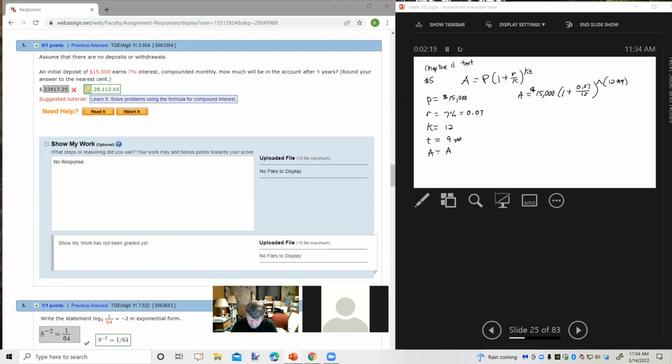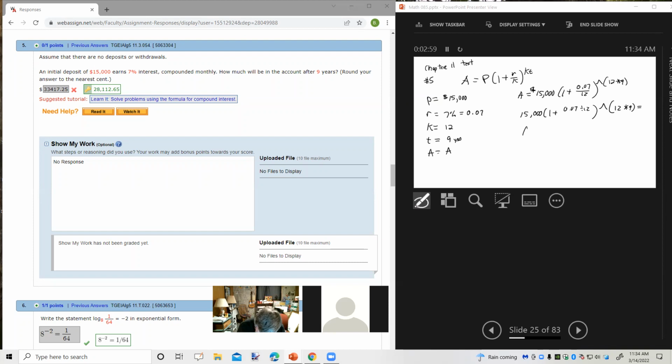So on my calculator, I'm going to put in 15,000 and then a left-hand parenthesis, 1 plus 0.07 divided by 12, and then a right-hand parenthesis. And then the little caret power key, and then a left-hand parenthesis, 12 times 9. Okay, and then close it up and then push equals.